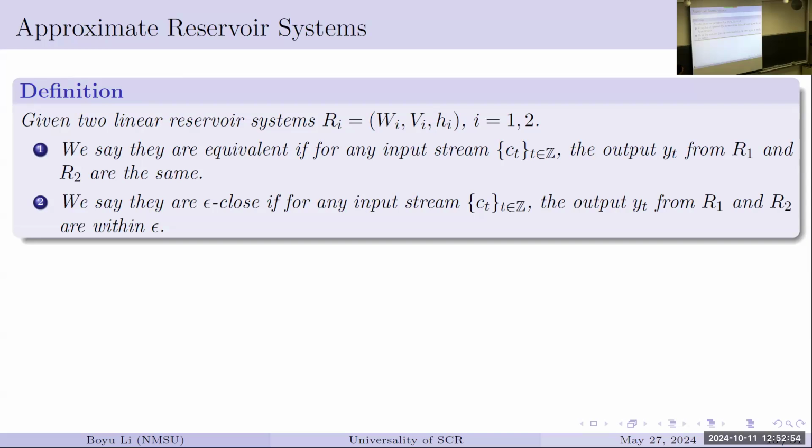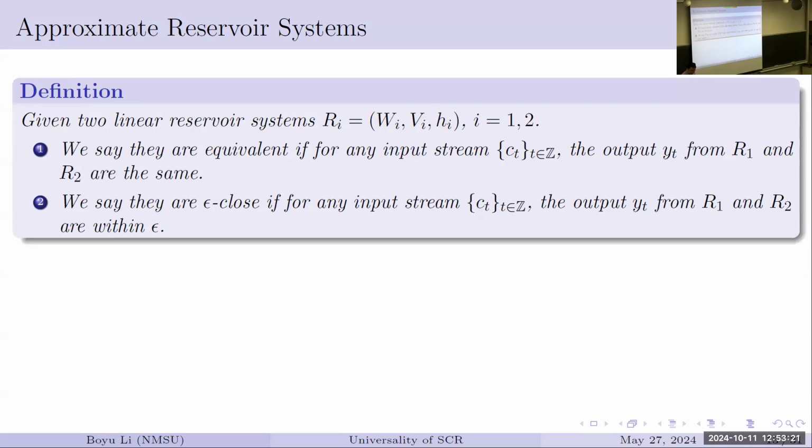For any of these inputs within this band, if my outputs are always within epsilon, then we say they're epsilon close. That's a very straightforward definition. The idea we're going to show is that the simple cycle reservoir is going to be epsilon close to any linear reservoir, and that's our goal.